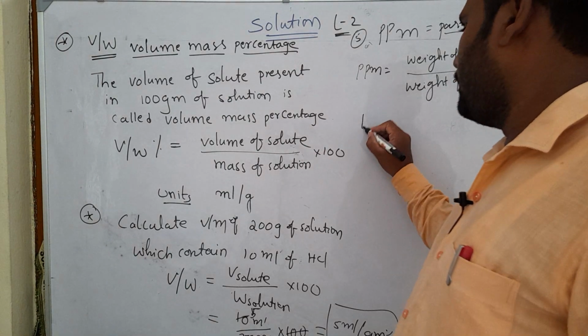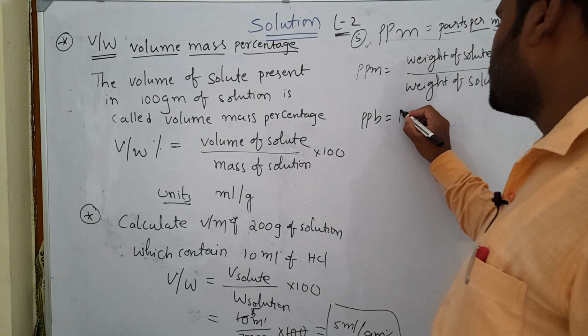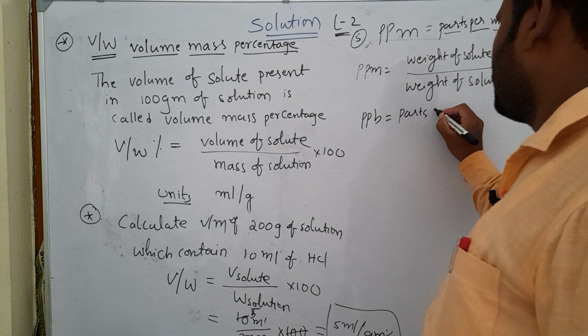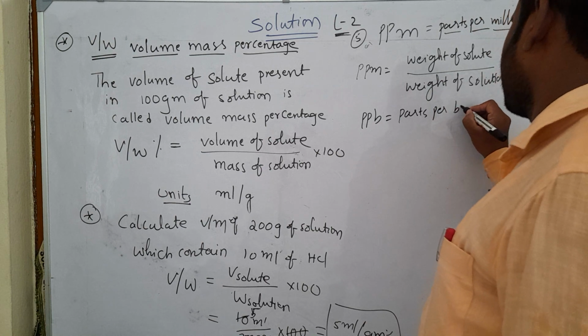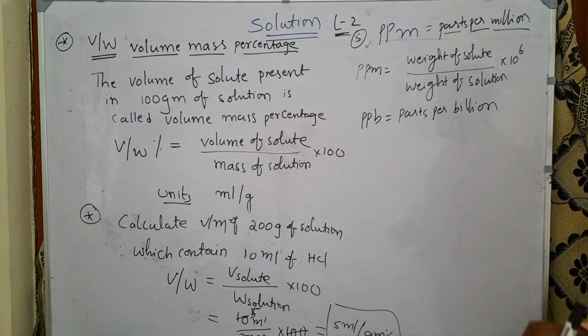And we have ppb also. ppb means parts per billion, that is 1 part in a billion parts.